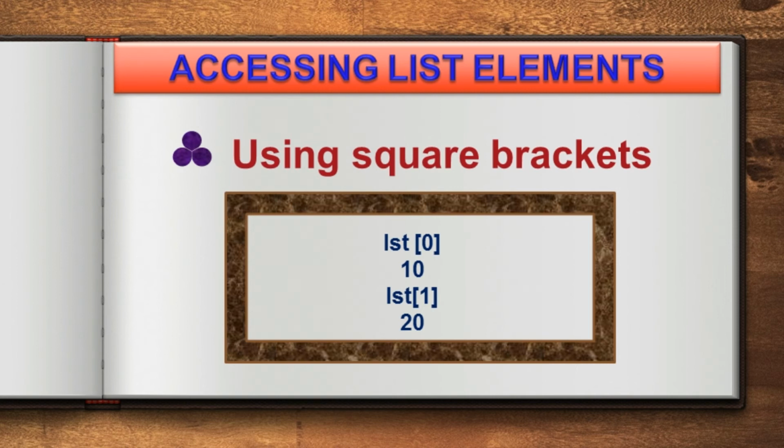The second method for accessing elements in a list is the element selection operator, which is expressed using square brackets. The examples are list of 0 is 10, list of 1 is 20. In this example, the list can be accessed by using index values. That is, list of 0 is 10, list of 1 is 20. 0 and 1 are the index values of the list.